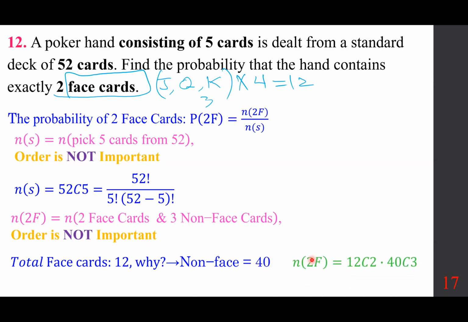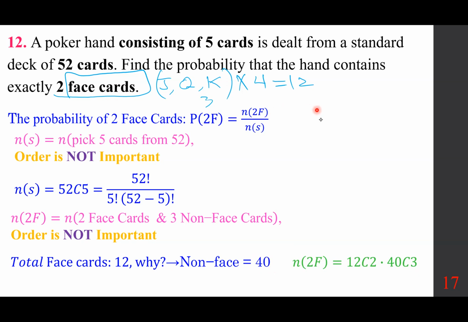One more time, we want only 2 faces. So there are 12 choose 2, a combination because order is not important, times the rest of them, 3 more cards coming from the other 40. Combination of 40 choose 3.